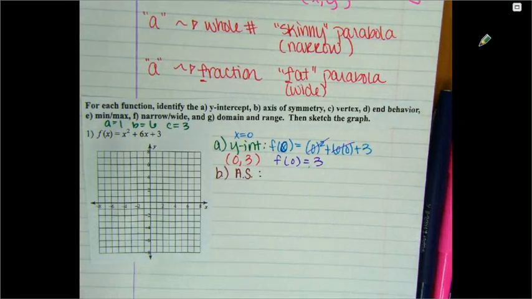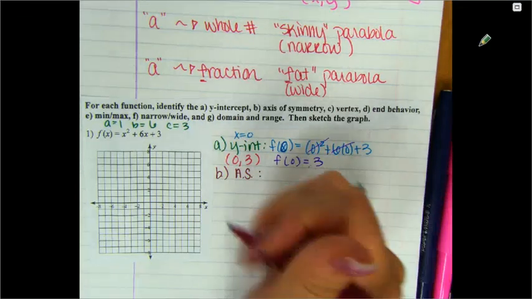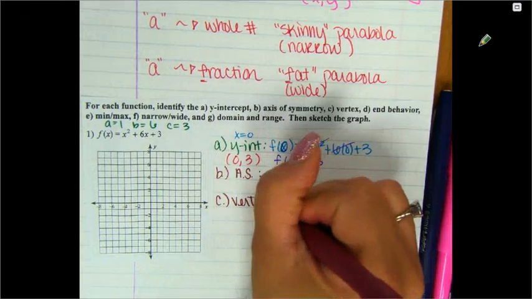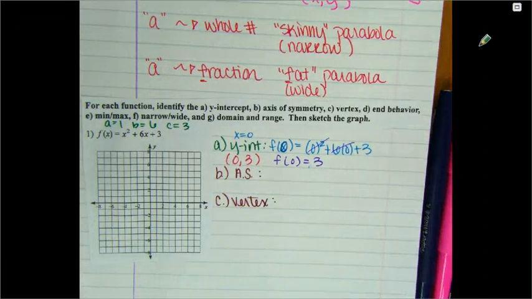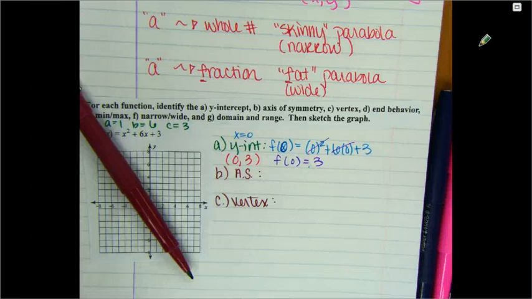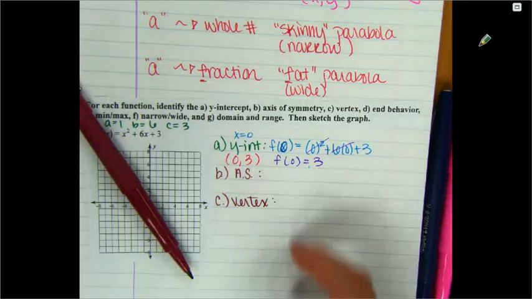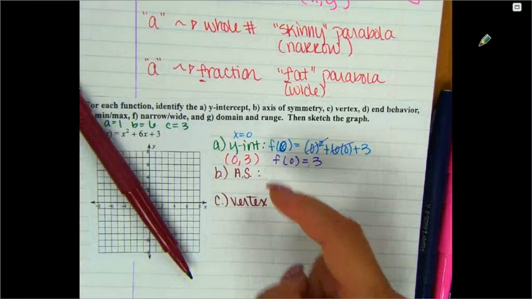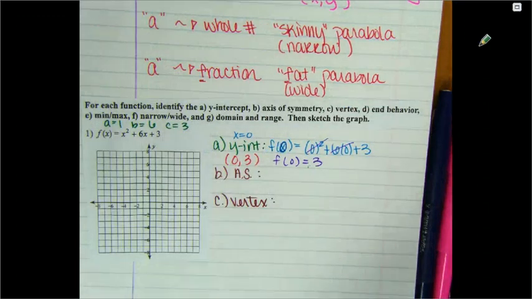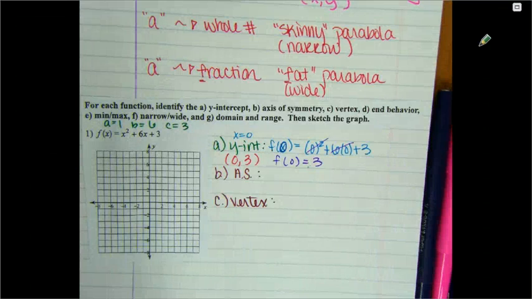All right, axis of symmetry. Remember yesterday, we said the axis of symmetry and the vertex have what in common? Yeah, the x is the same, right? So whatever I get here is the same for here. Remember the equation at the top: x equals negative b over 2a, correct?